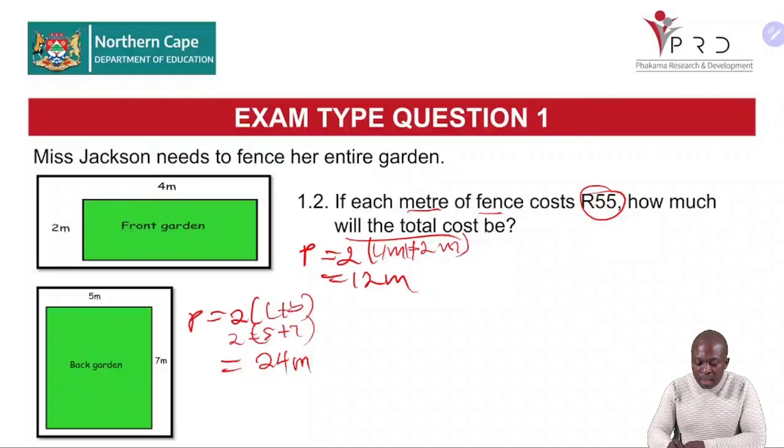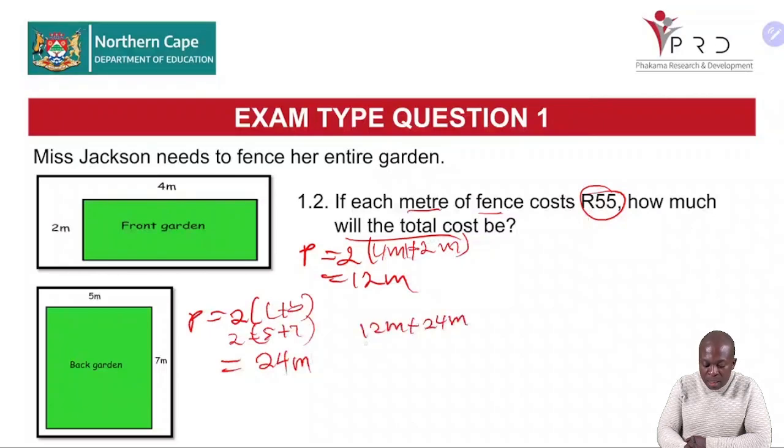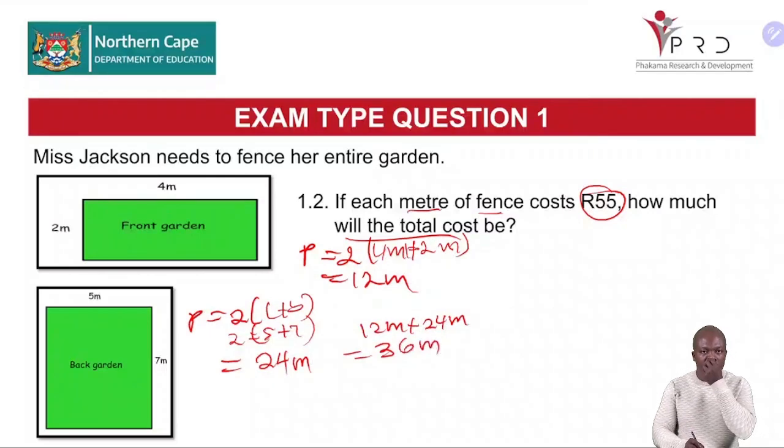So the examiner says, how much will the total cost be? Let's do this. We add the 12 meters to the 24 meters. That gives us 36 meters. Now, every meter is 55 rand. So what do you think we have to do here?